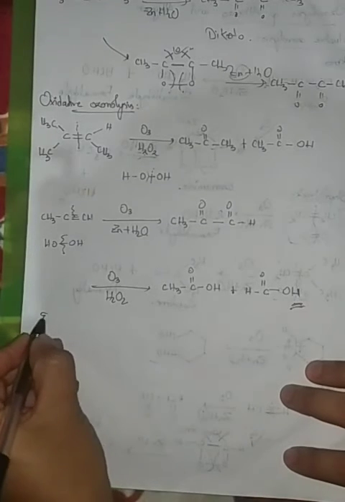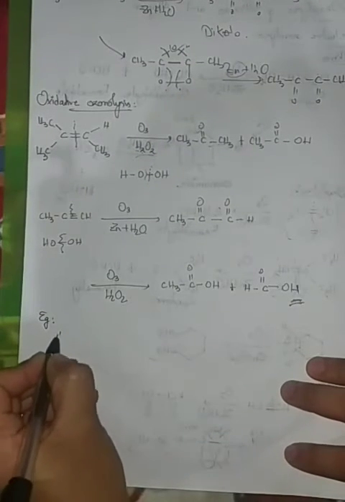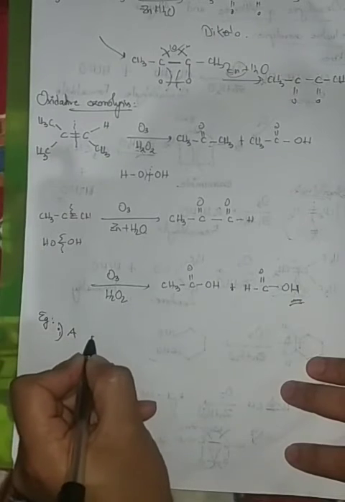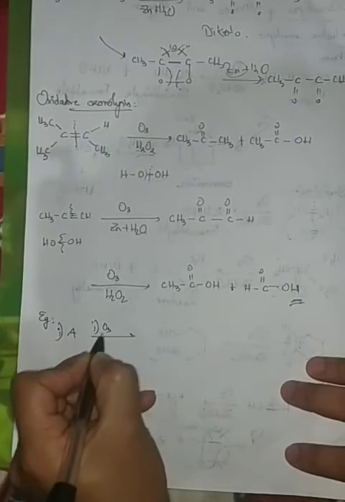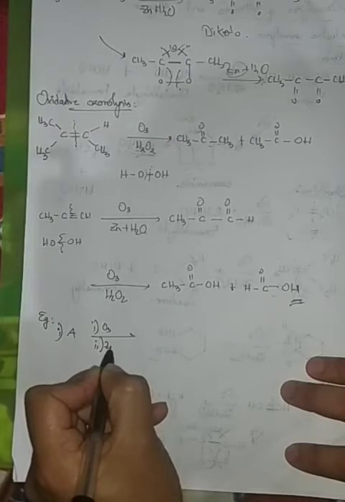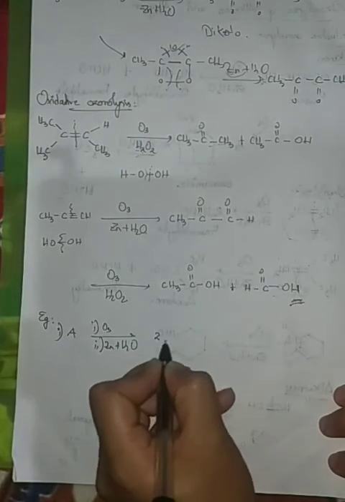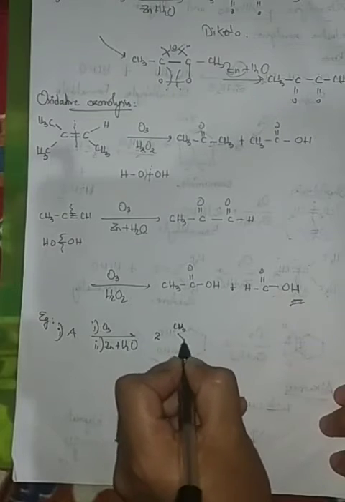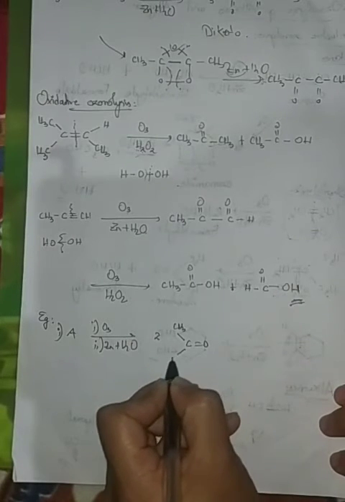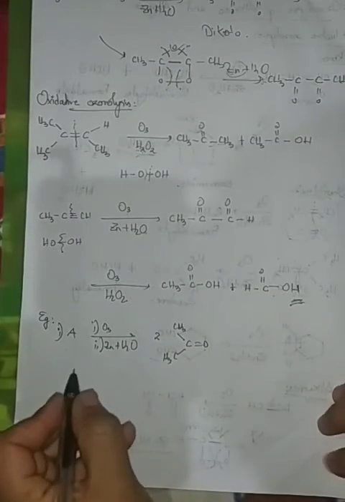Now in the exams, questions may be asked like: A, then O3, and then Zn plus H2O, gives 2 moles of CH3 C double bond O CH3. Now, what is A?